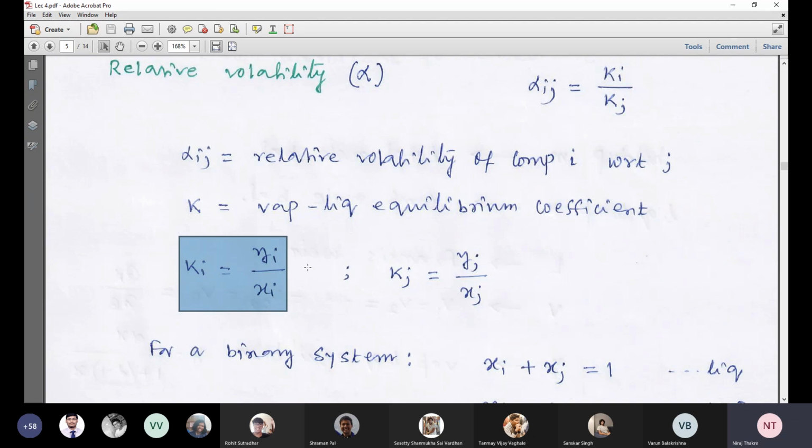Anyway, this Raoult's law is used to calculate Xi for an ideal mixture, and you see Dalton's law is used to find Y for the vapor mixture. Both are basically functions of pressure and temperature. So Ki is basically a function of total pressure and temperature.